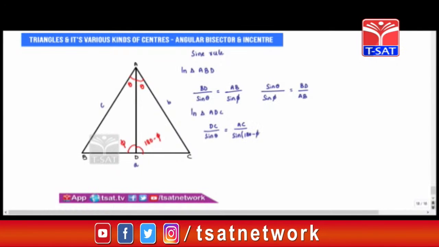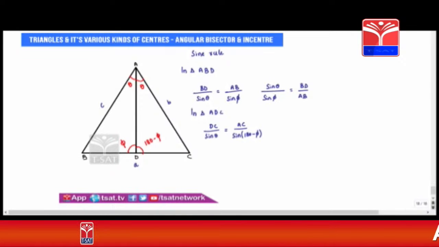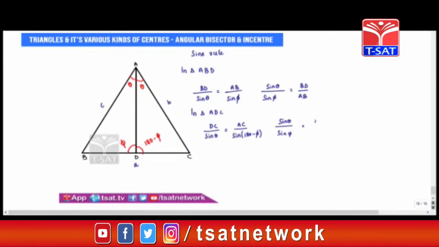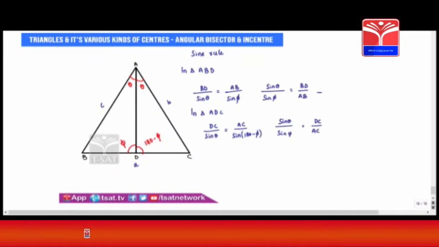We all know sin(180 minus phi) is the same as sin phi, therefore sin theta by sin phi is equal to DC by AC.